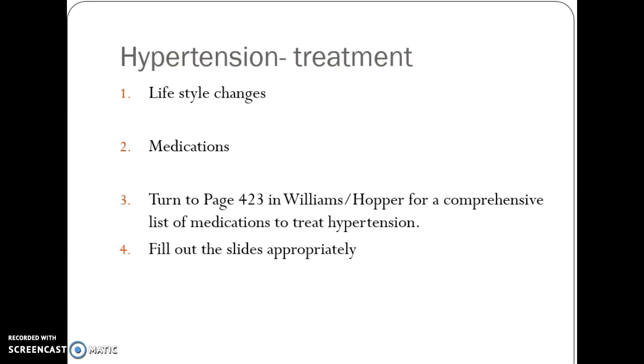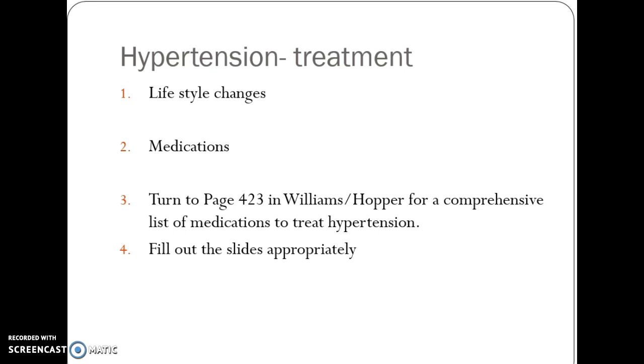Next group is beta blockers, and these medications reduce the workload of your heart, open up the blood vessels. Your heart usually beats slower and more efficiently. Angiotensin converting enzyme inhibitors, ACE inhibitors. These drugs relax blood vessels, and sometimes, especially if you have a chronic kidney disease, an ACE inhibitor is a pretty good drug.